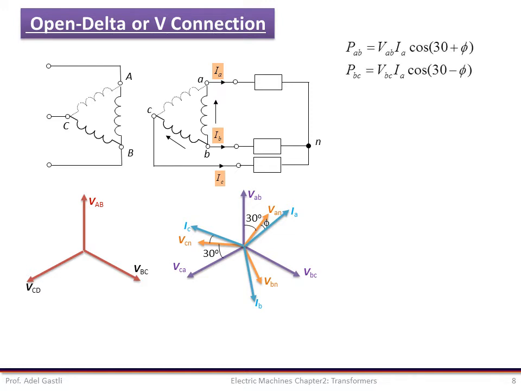So in this case, the transformer windings AB and BC will deliver power P_AB equals V_AB I_A cosine (30 plus phi), while P_BC is equal to V_CB I_C cosine (30 minus phi).